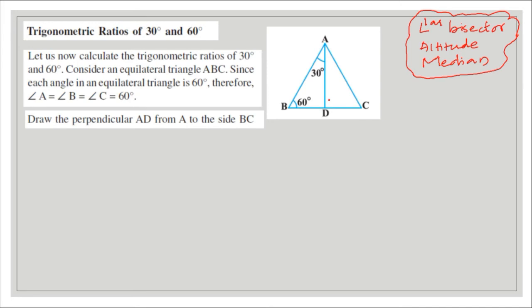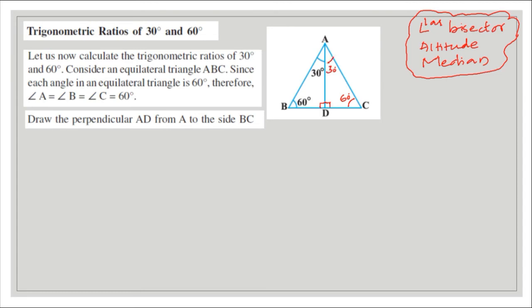What makes their congruency? If you consider these two angles, they are equal to 60 degree. We have drawn a perpendicular. So by AAS criteria, we get the triangles congruent to each other. When two angles are there, the remaining angle also can be found, and this angle will be 30 degree.